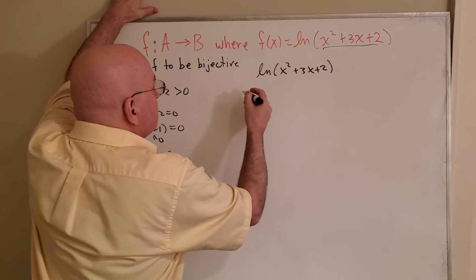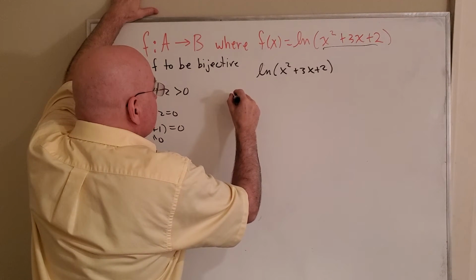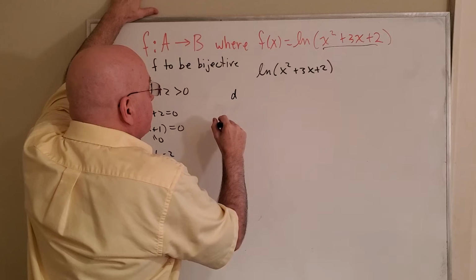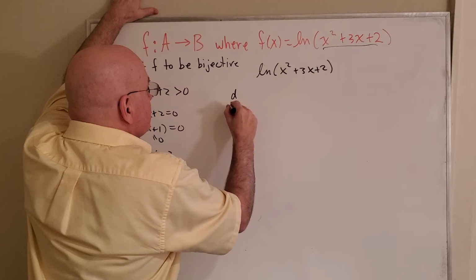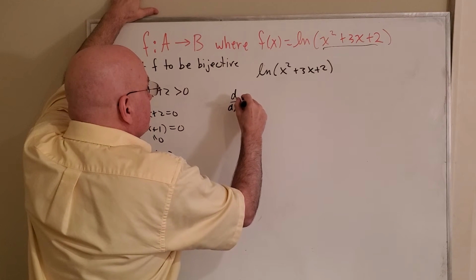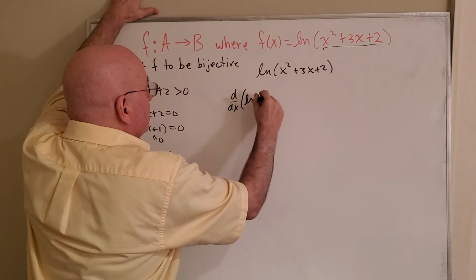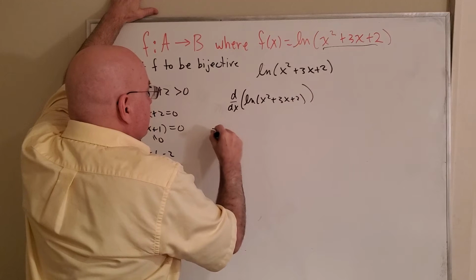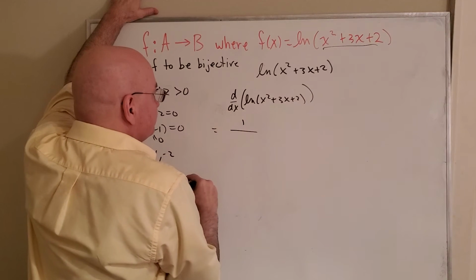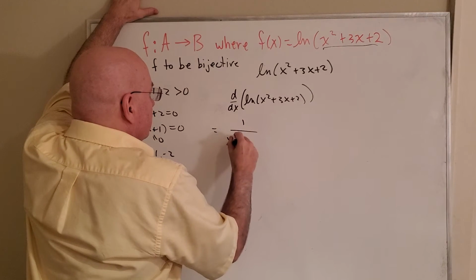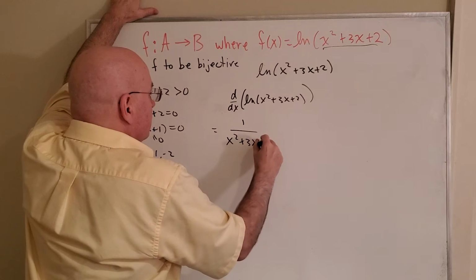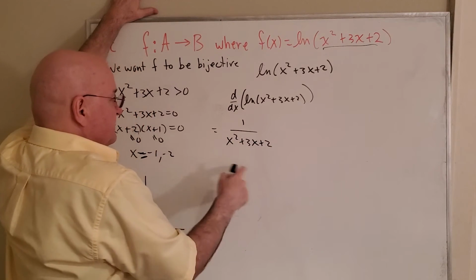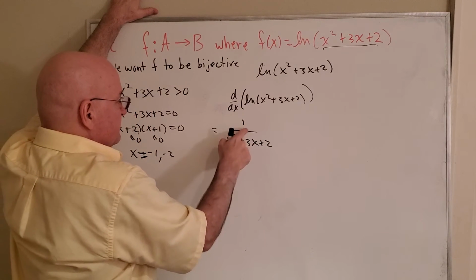So, derivative is equal to 1 over x squared plus 3x plus 2 times the derivative of this, which is 2x plus 3.